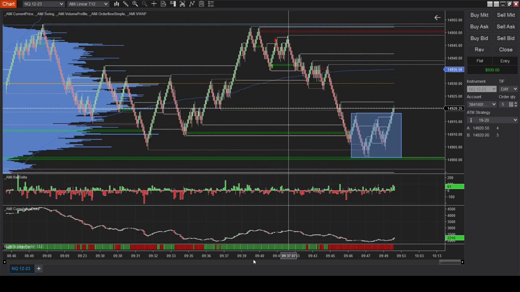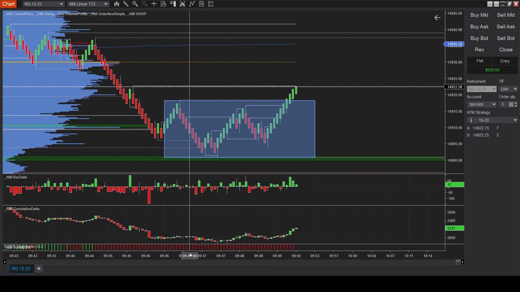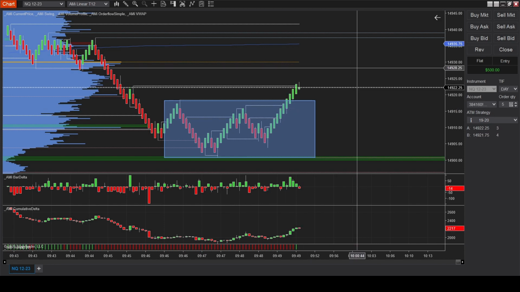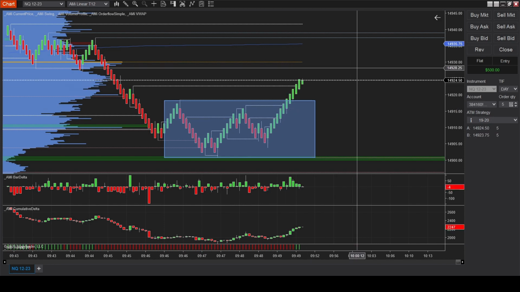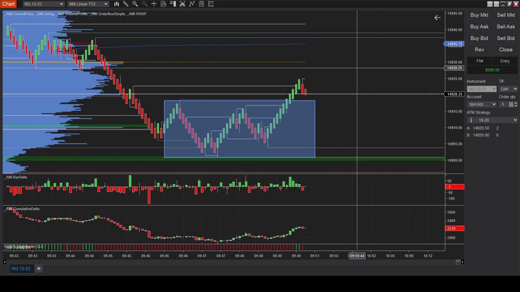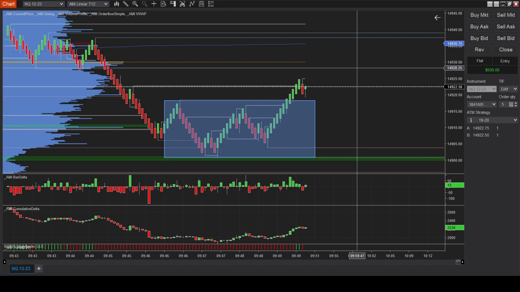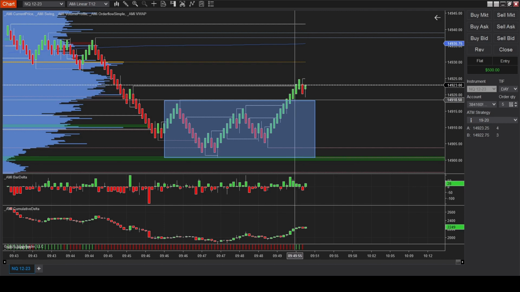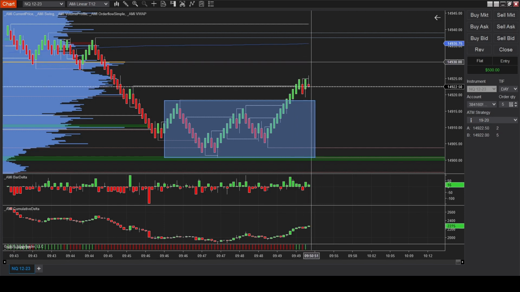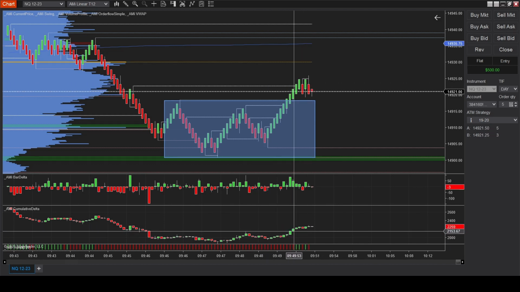Want to trade in the overall direction of the trend. Looks like market might want to get back into current point of control. A nice little push here in cumulative delta.